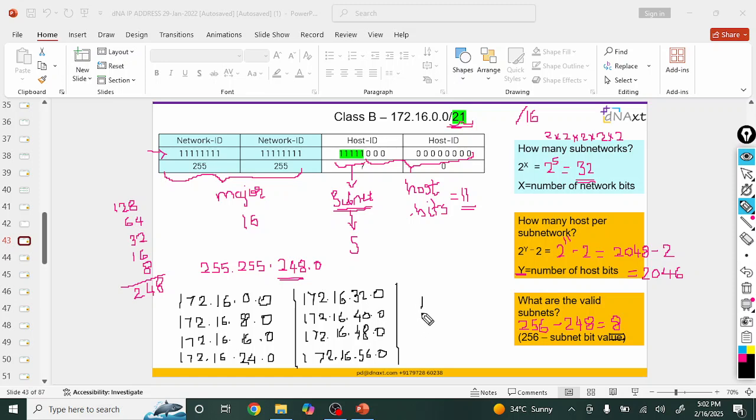The last subnet, that is 32nd subnet that you will get, that will be 172.16.248.0. This will be the last subnetwork in this series. So हमेशा आपको याद रखना है, जो लास्ट इंक्रीमेंट का वैल्यू होगा, that will match with your subnet bit value always.